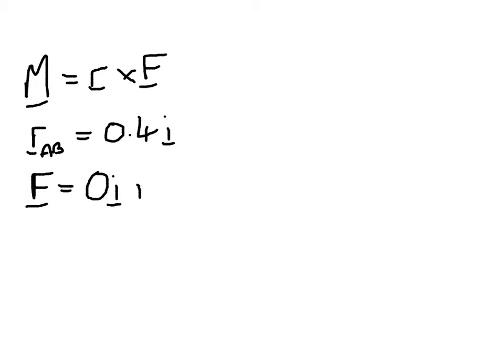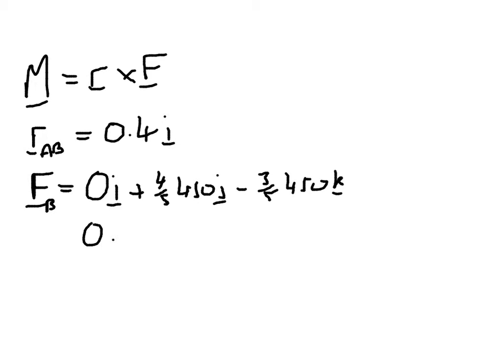So it's plus 4/5 of 450 j minus 3/5 of 450 k, and that's just looking at the force FB, which is marked in the diagram. We could have chosen FA instead, doesn't really matter. So that would be 0 i plus 360 j minus 270 k.